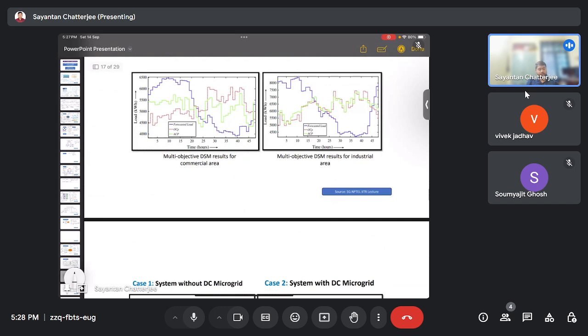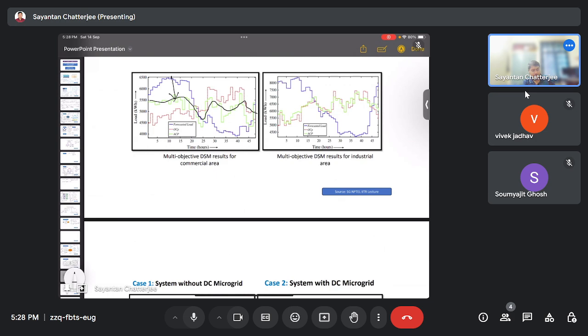This is for the multi objective DSM, meaning utility driven as well as consumer driven. That also resulted in a better load profile. It is not very aggregated, but at least better than this one.